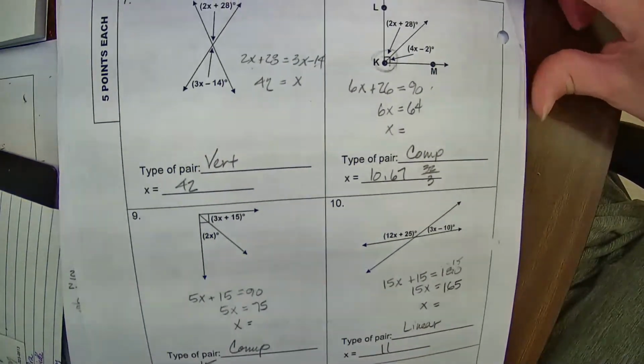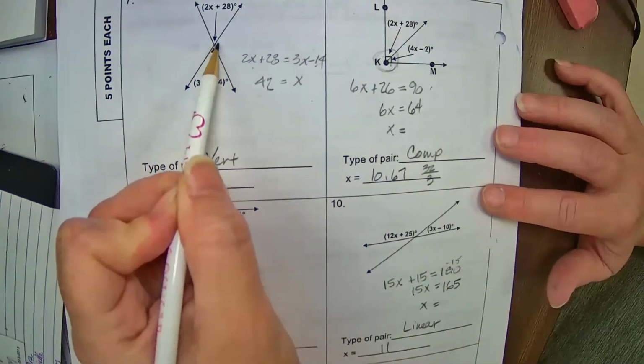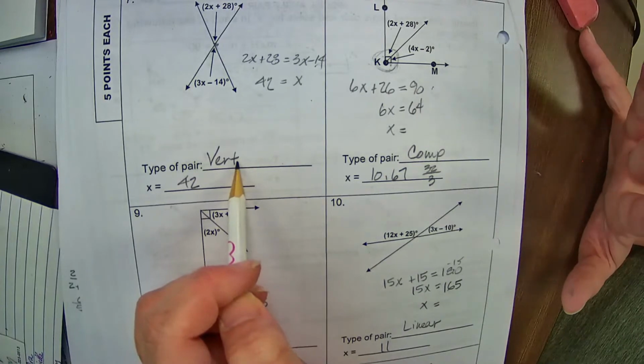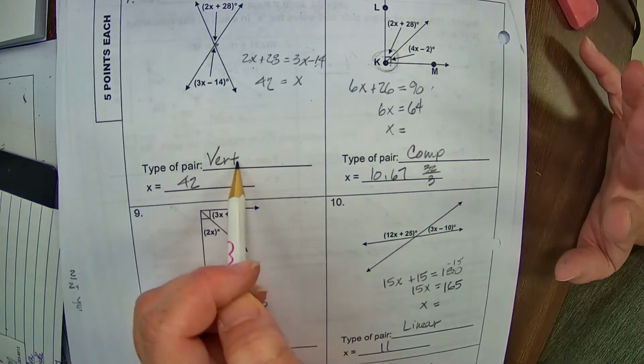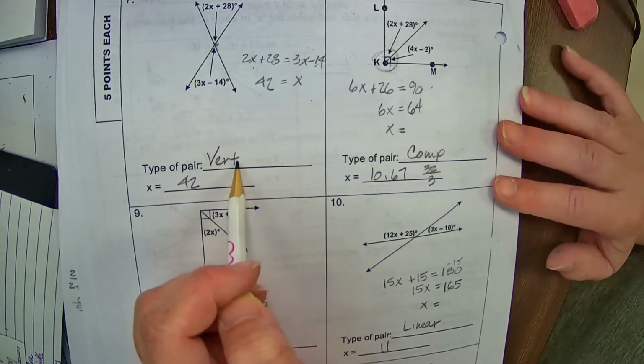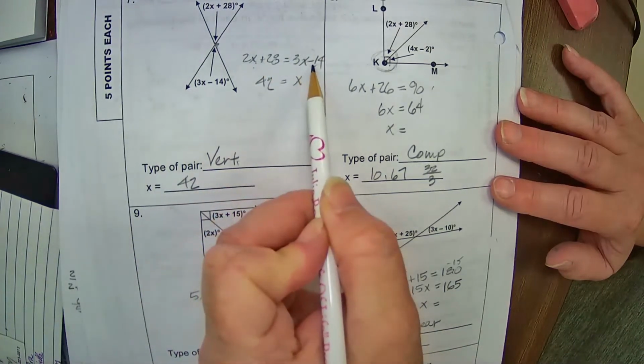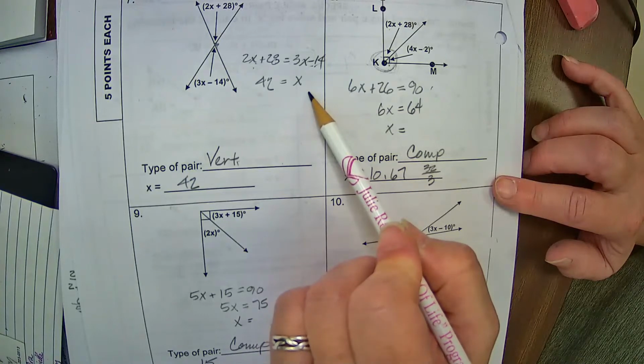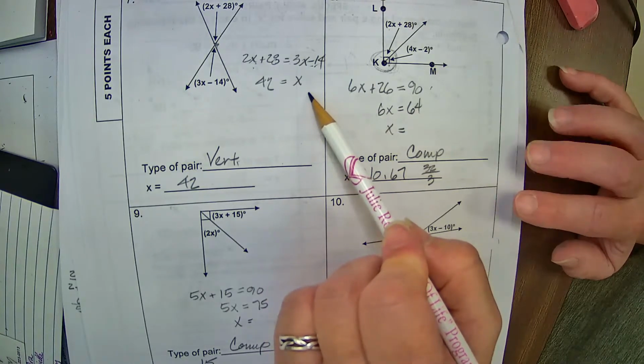All right, so number 7, they only share the vertex, so they're vertical angles. And what do we know about vertical angles? They're always congruent. So we set them equal to each other, and you should have gotten 42 for x. Any questions on that one?